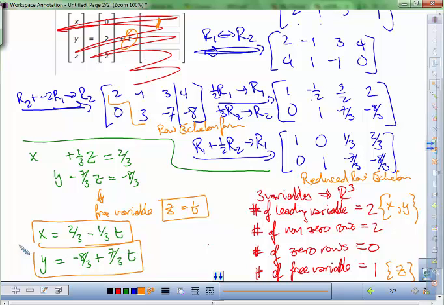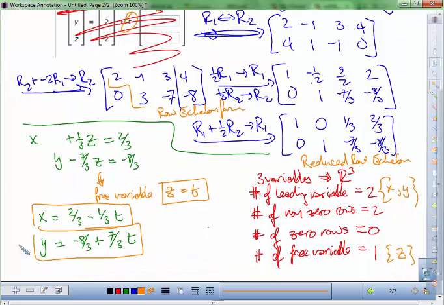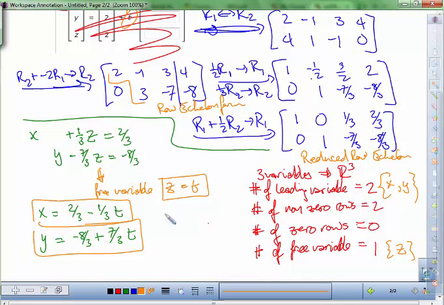So that solution should look like this. Your x, y, z is going to equal, x is going to equal 2/3 plus t times negative 1/3.